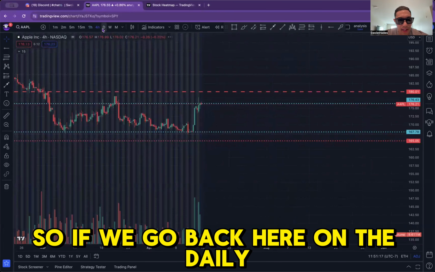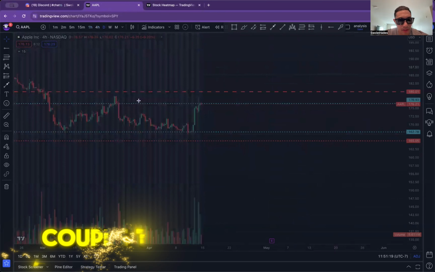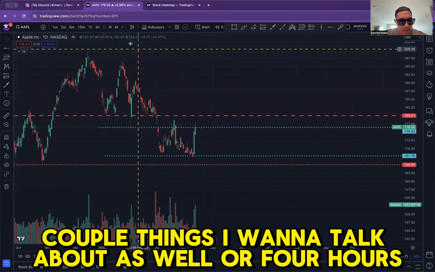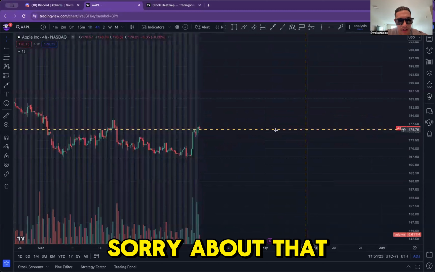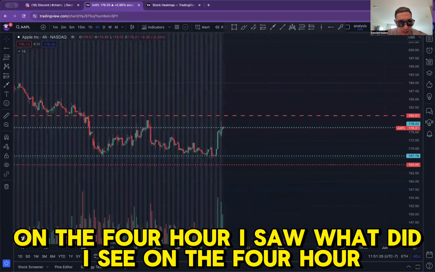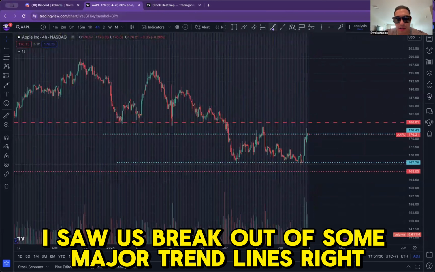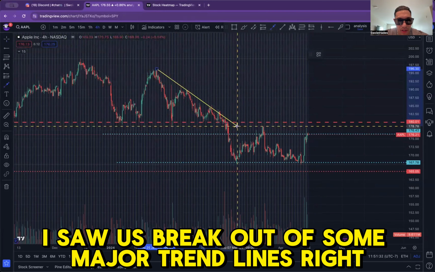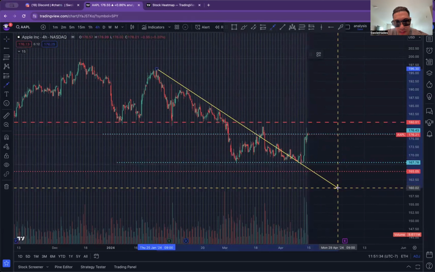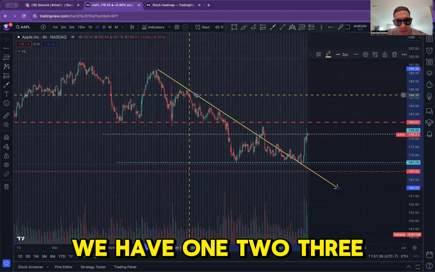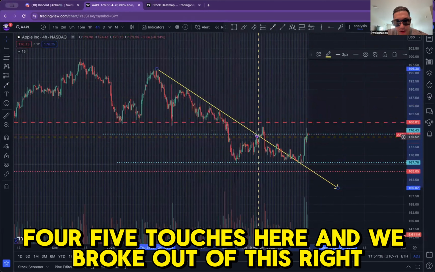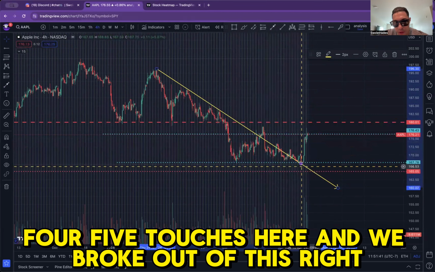If we go back to the 4-hour, a couple things I want to talk about as well. On the 4-hour, I saw us break out of some major trend lines. This being one, we have 1, 2, 3, 4, 5 touches here, and we broke out of this.